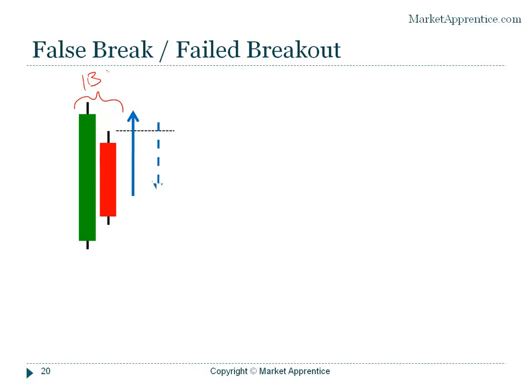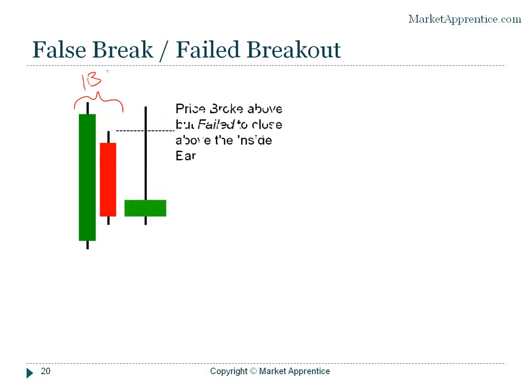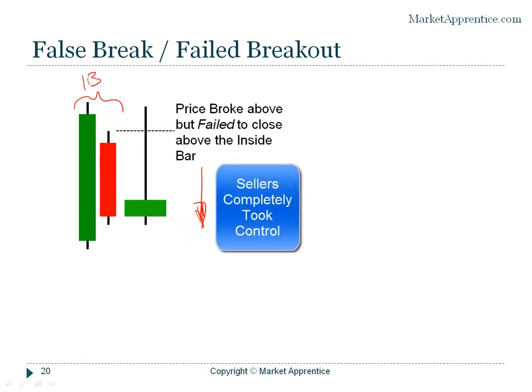Unfortunately, within the same session, price failed to stay above that and it came down. In the end, this formed a high test bar. Due to the nature of price action, where price went above the dotted line or went above the inside bar but failed to remain up there, it shows that the sellers completely took control.